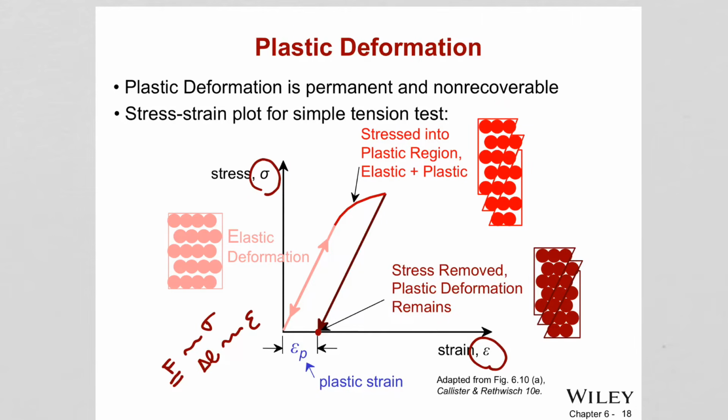And in the elastic region, it is recoverable because we are just stretching the bonds between the atoms, and when we relieve the stresses, it goes back to its original position, right? It goes back. But after some point is reached, the plastic deformation will start, meaning the layers of atoms slide over each other.